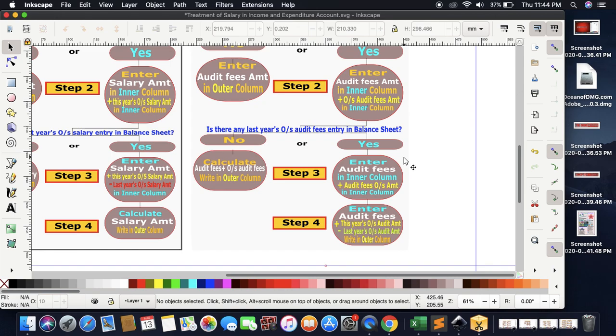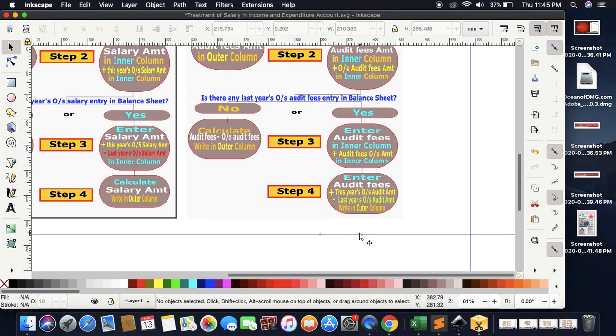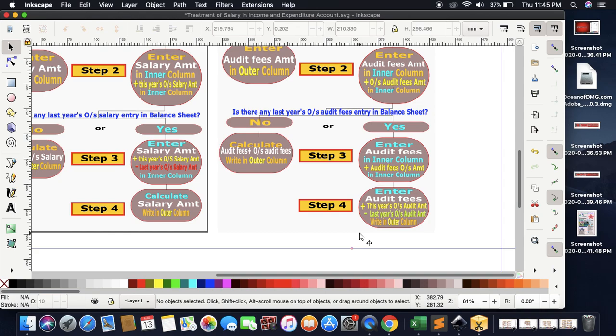But if it is there on the liability side of the balance sheet, then you would have already written the audit fees from the payment side in the inner column, and added the outstanding audit fees from the adjustments, minus last year's outstanding audit fee, and write the calculated amount in the outer column.